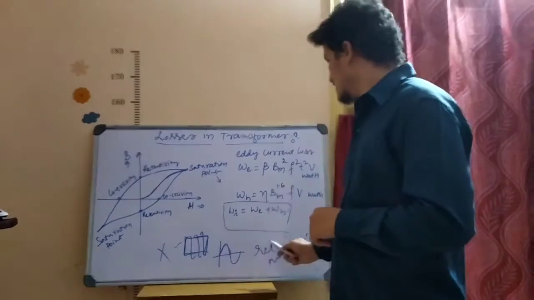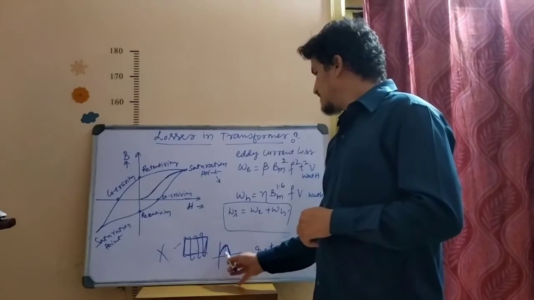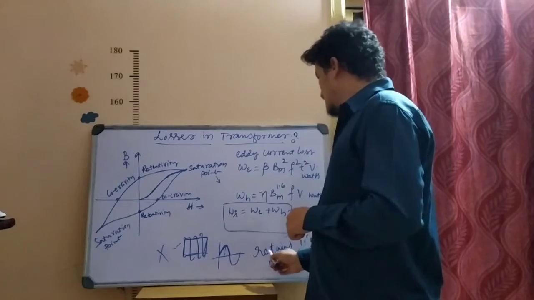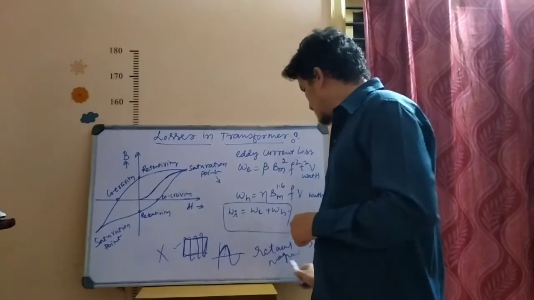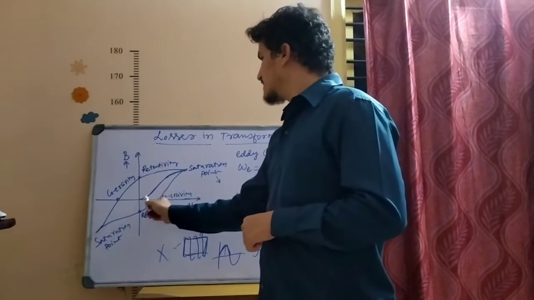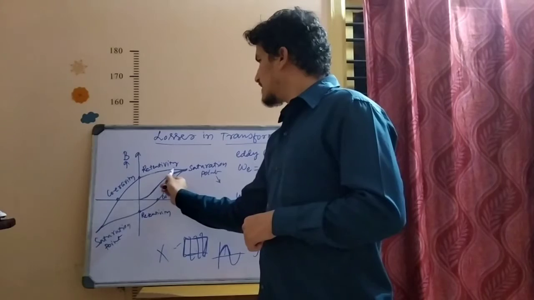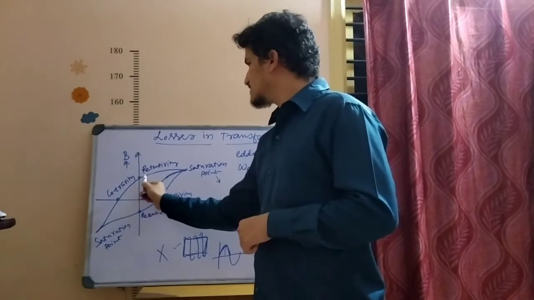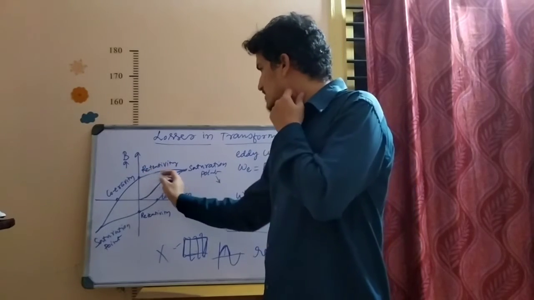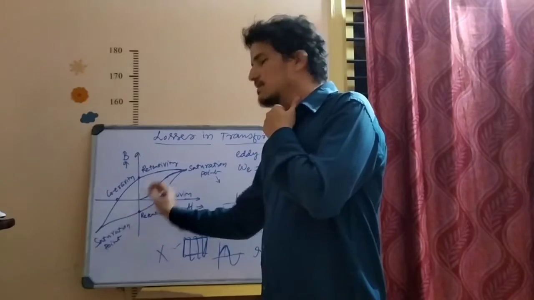That's what will happen. So when maximum magnetization takes place, if suddenly you cut off the supply, it will not directly become zero. Some magnetization will be there. This point is called the retention point, retentivity we can call. So it will come to this point, not completely to zero.